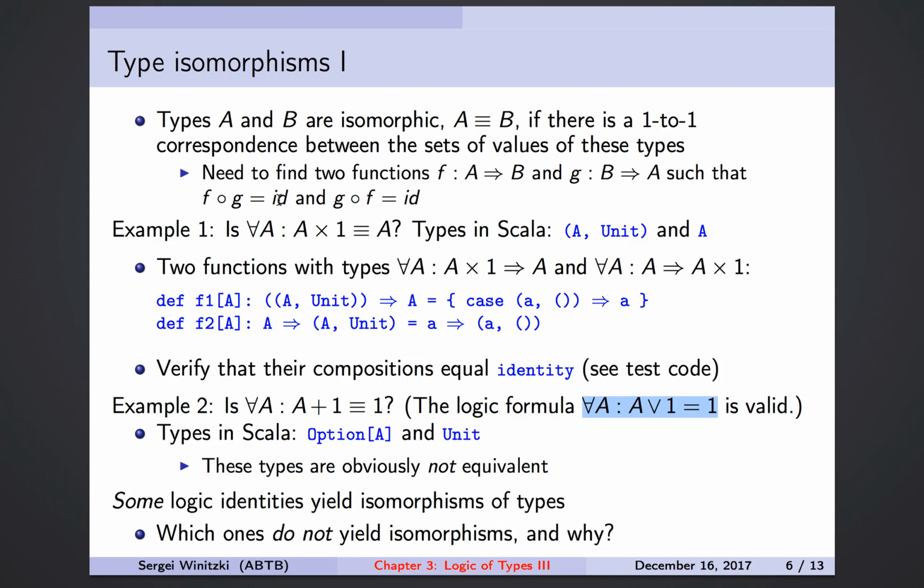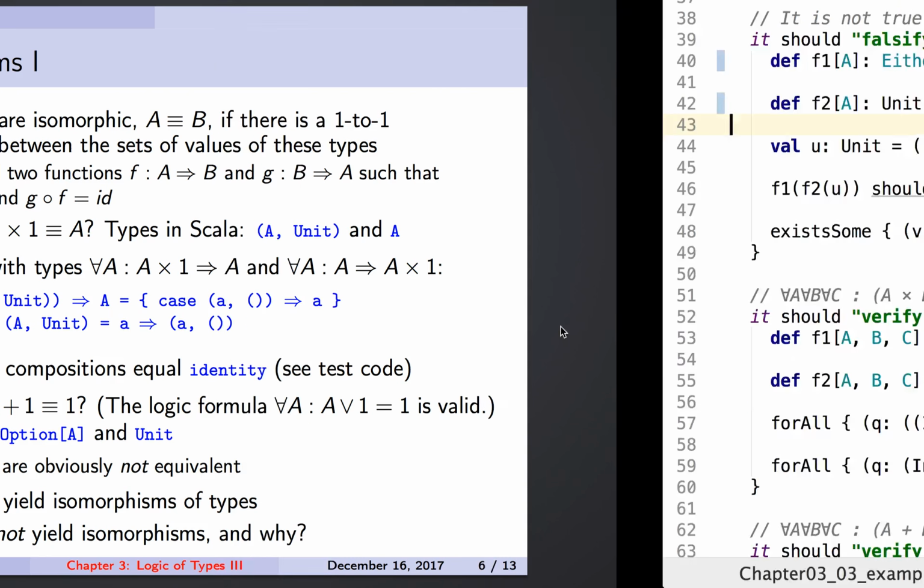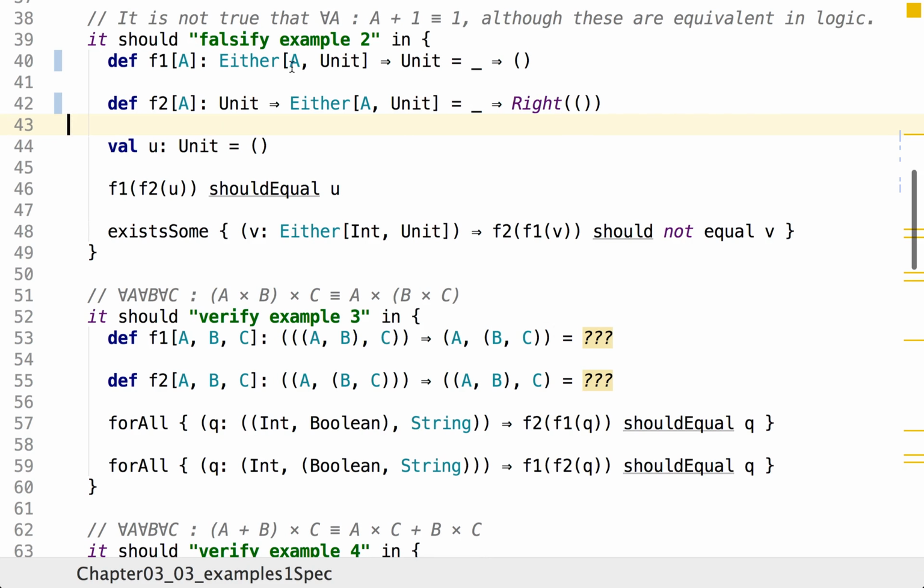Every time we implemented a function that does not lose information, like this one, we got A, we put it back. So no information is lost. In the example here, we got something, we ignore it. In this case, it's okay to ignore unit because unit only has one value. In this case, not okay.